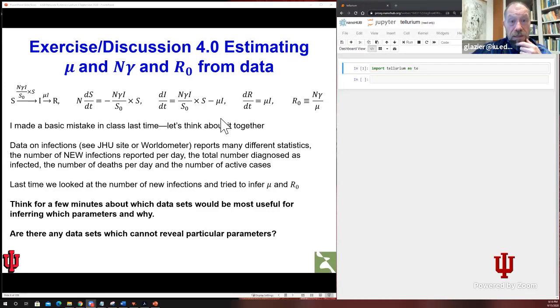The problem with estimating that is that, one, you don't really know how the number of active cases is counted. It's probably the number of people who are hospitalized, which may or may not be a good proxy for what's really happening. And two, it's a little bit hard to understand how to pull out the recovery rate.